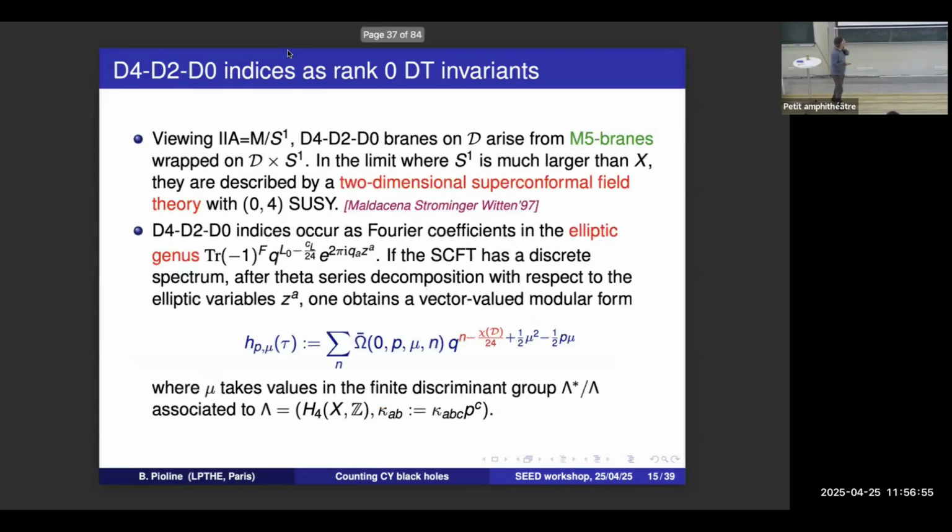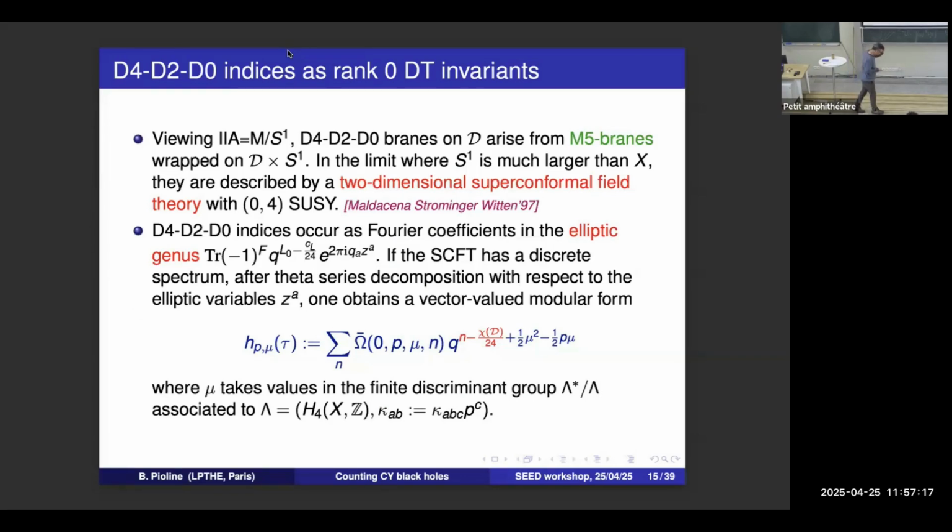Okay, so again, the basic physics intuition for modularity comes from this 11-dimensional point of view on string theory. That is that these D4 branes that wrap a divisor or 4-cycle actually are in disguise M5 branes wrapped on the same divisor times a circle. The circle is the M-theory circle.